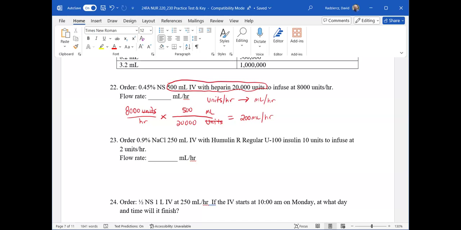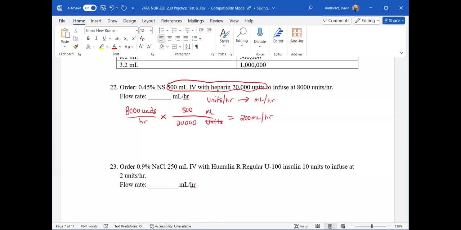Now, sometimes it'll ask you a similar type of question, but it'll tell you something like, it's in milliliters per hour, but they want to know units per hour. So the way you would do that is, let's say we're using the same information, but in this instance, we want to go from, let's say it's 500 milliliters per hour, and I want to go to units per hour.